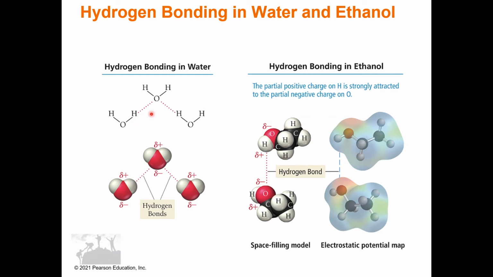The hydrogen bonding happens between two different molecules. So here again, with the dotted lines, the negative portion of one water molecule is attracted to the positive portion of a different water molecule. And you could see the same thing with ethanol, the hydrogen bonding that's happening there.